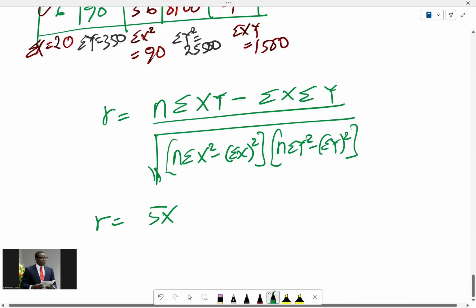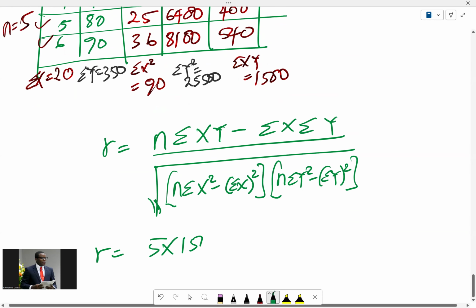That's 5 times summation of xy, which is 1,500, minus summation x, that's 20, times summation y, which is 350.